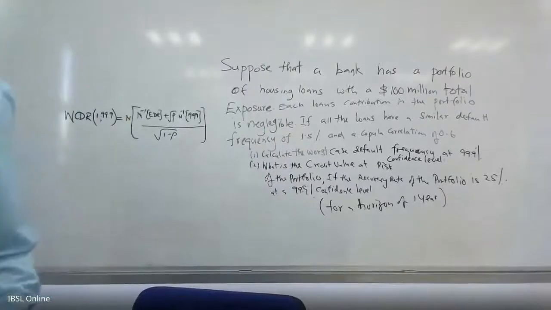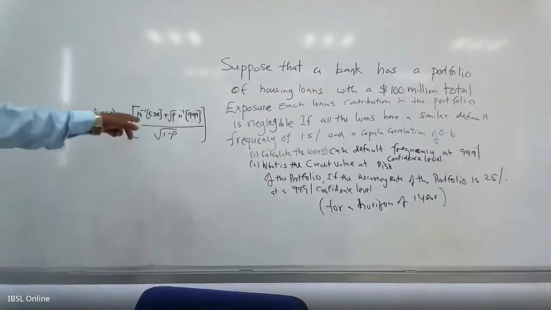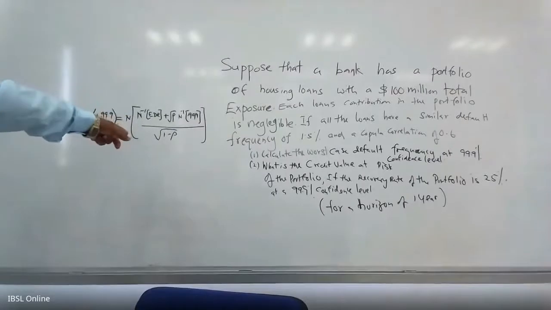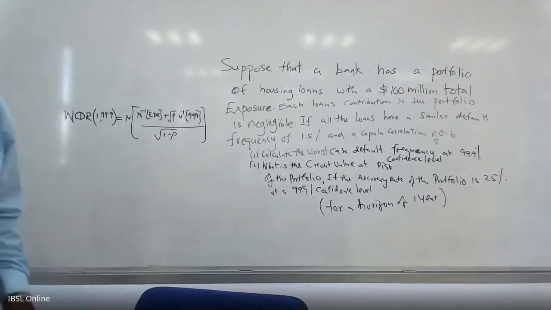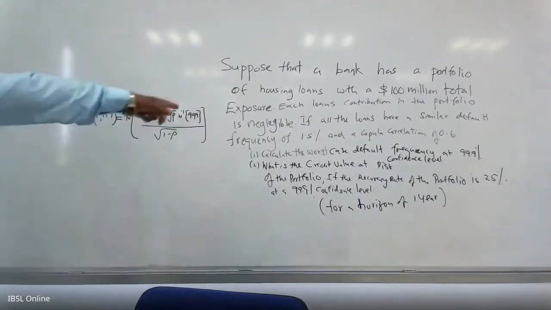Right. Now you need to just apply the values in this formula and see what the WCDR, or worst case default rate, is. Now EDR is given here.